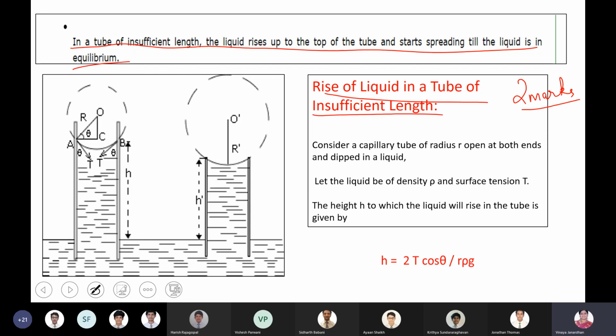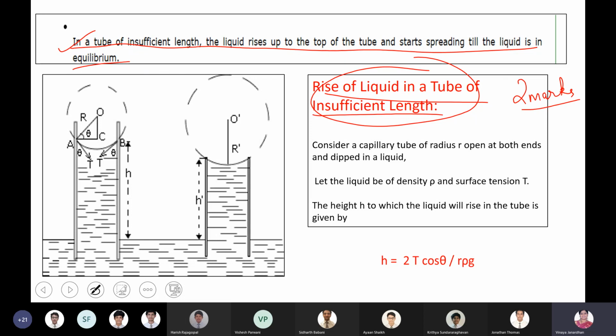The liquid will rise to the top of the tube and then start spreading, readjusting its radius of curvature. In a tube of insufficient length, the liquid rises up to the top of the tube and starts spreading till the liquid is in equilibrium.